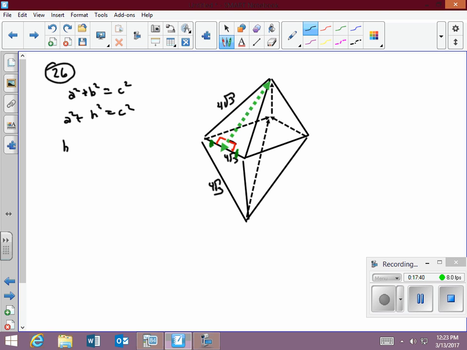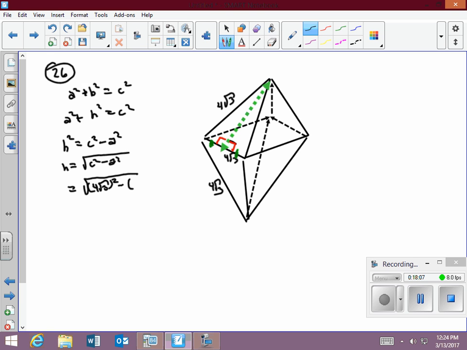So height squared has to equal C squared minus A squared. So height is going to be the square root of C squared minus A squared, where C squared is 4 square root of 3 squared, minus, and then it's half of that.